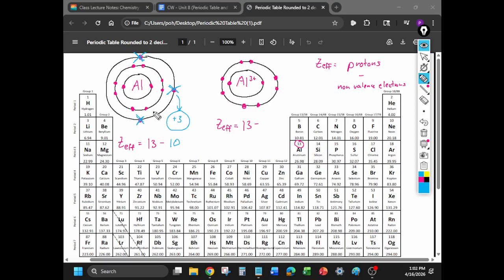And if you lose the 3 on the outer shell, that outer shell is going to disappear. So aluminum's most common ion only has 2 shells, which means this shell right here with the 8 electrons is the valence electrons. That means there's only 2 non-valence. So it'll be 13 minus 2, and then the Zeff will be plus 11. Okay.